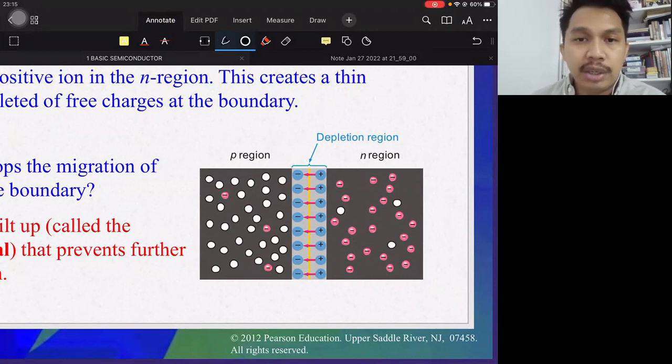A point is reached where the total negative charge in the depletion region repels any further diffusion of electrons in the P region, and the diffusion stops. In other words, the depletion region acts as a barrier to the further movement of electrons across the junction.